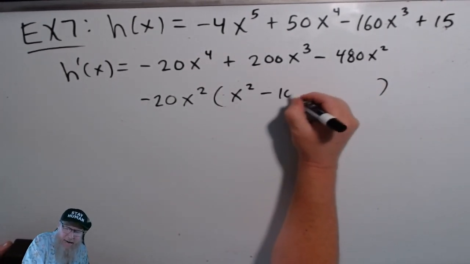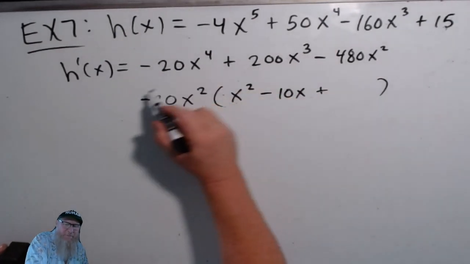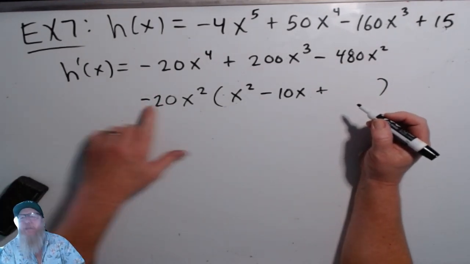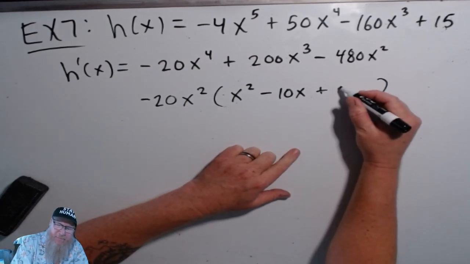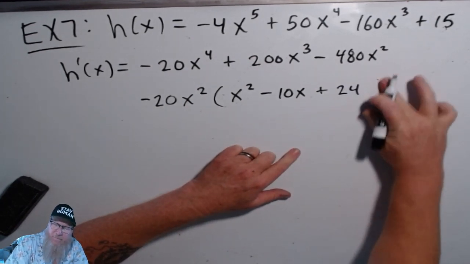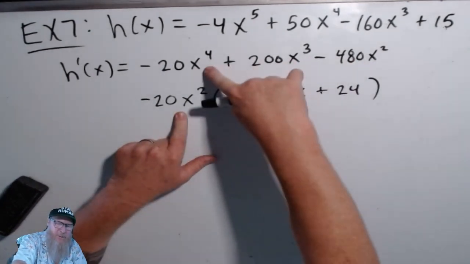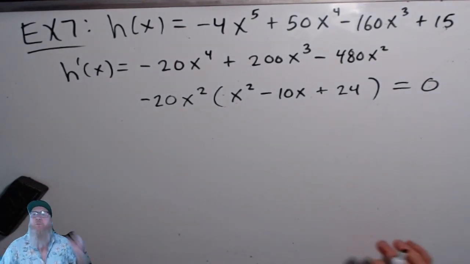That really makes the problem a lot easier. You do have to be careful with signs. When you pull out a negative, it changes the other signs. And you're removing the x squared, so that lowers the powers of the remaining terms. And then you're going to set that equal to 0.